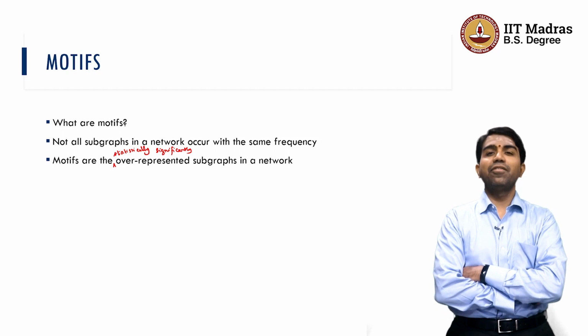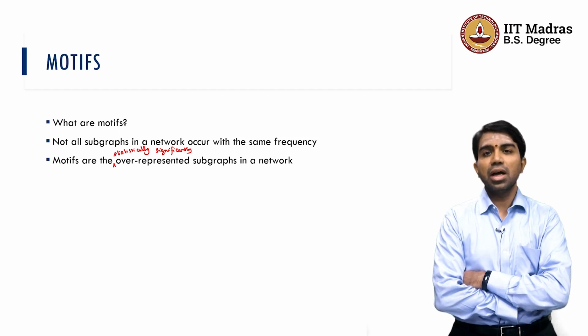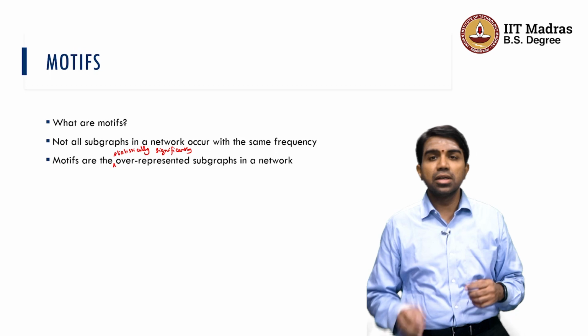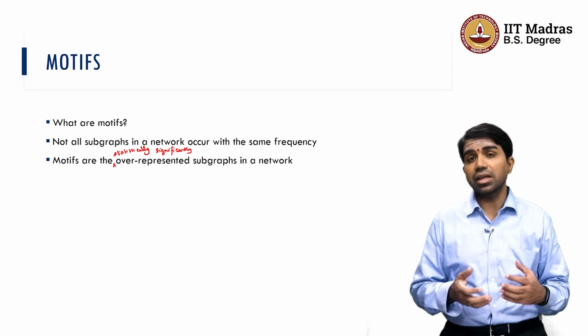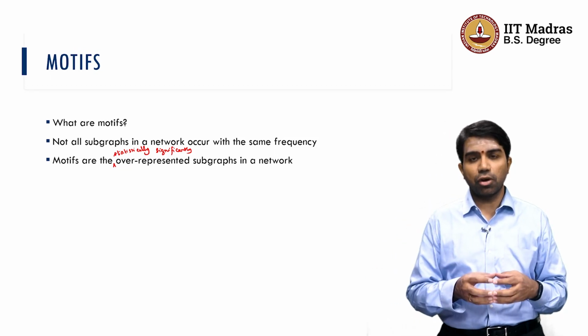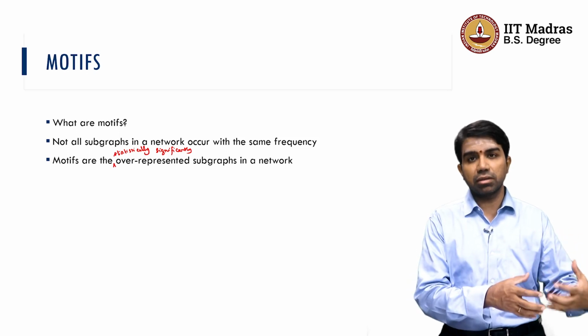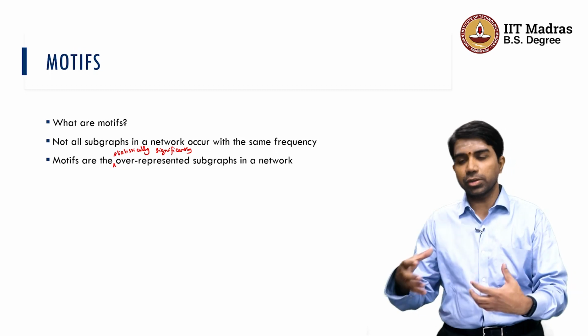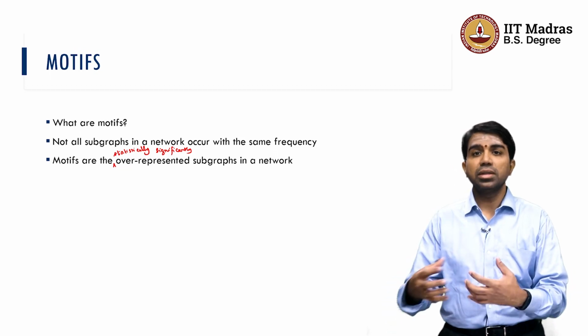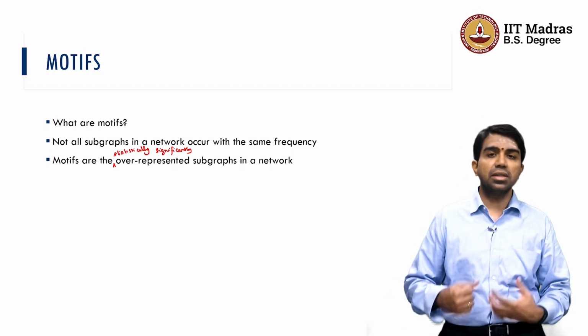This becomes a very interesting question, and I would like to take the next few minutes to make you think about this notion of what is an expected value versus what you see in the network, and how that gives rise to statistical significance.